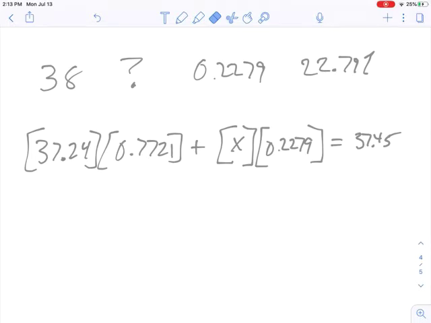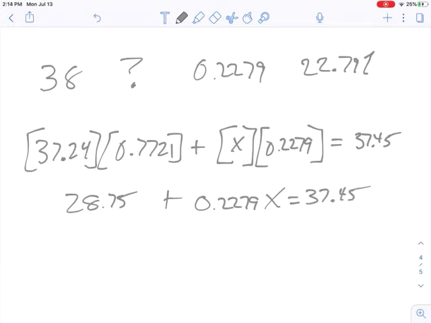So I've got 37.24 times the 0.7721, assuming I've done my math right, then those guys work out to be 28.75. And then this is 0.2279 times x, so this is going to be 0.2279x, and that's equal to 37.45.